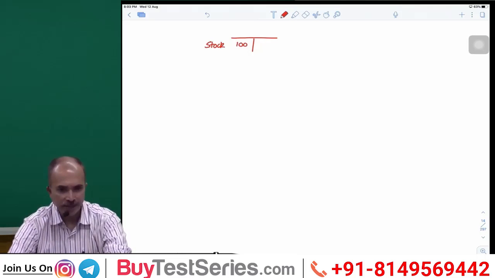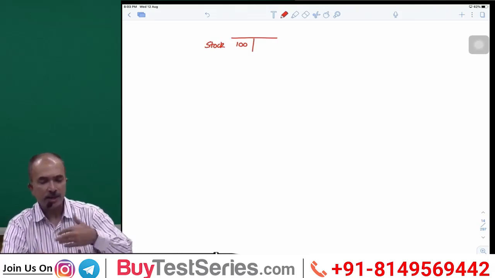The scheme is over. You have in your stock one office which you have constructed for 100 lakh cost. Stock is shown at cost. You have an office of 100 lakh cost left, and you decide, let me not sell this one office. Let me use it for my own office.